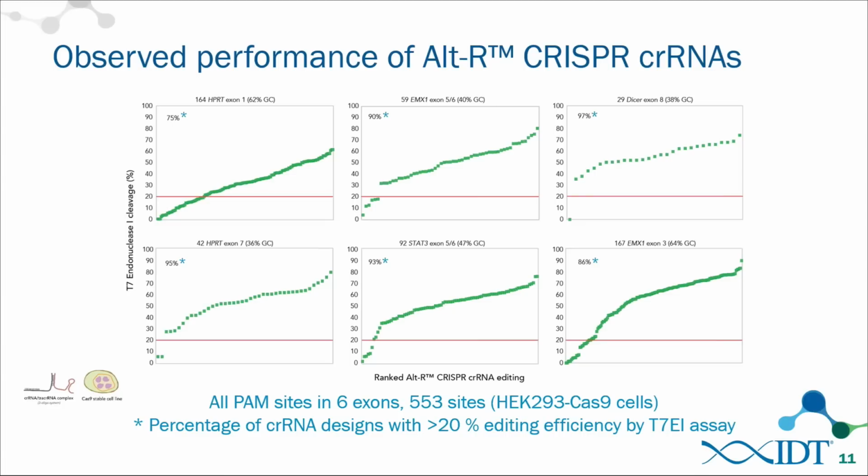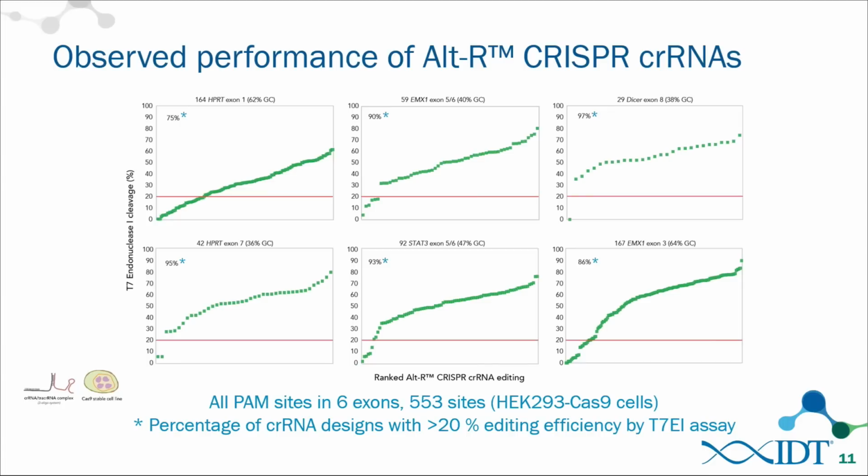And then, as I was mentioning earlier, the relative efficiency, good efficiency that we see when randomly testing the Alt-R CRISPR crRNAs. And again, these experiments were done in our HEK293 cell line that are stably expressing Cas9. What we observe is about 85% of the CRISPR RNA sites give greater than 20% editing as measured by the T7 assay.